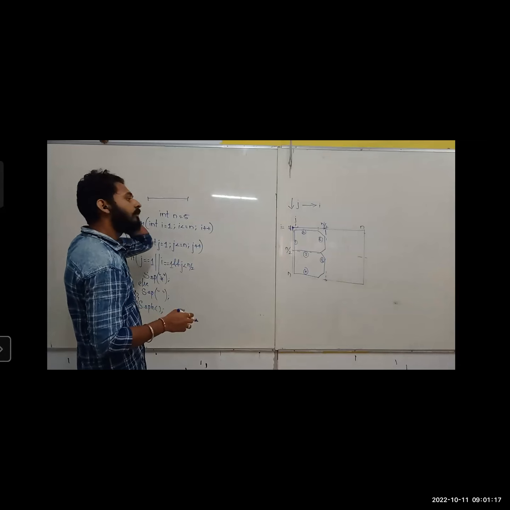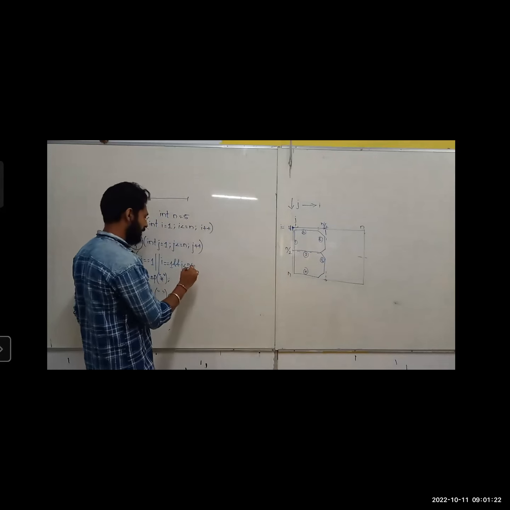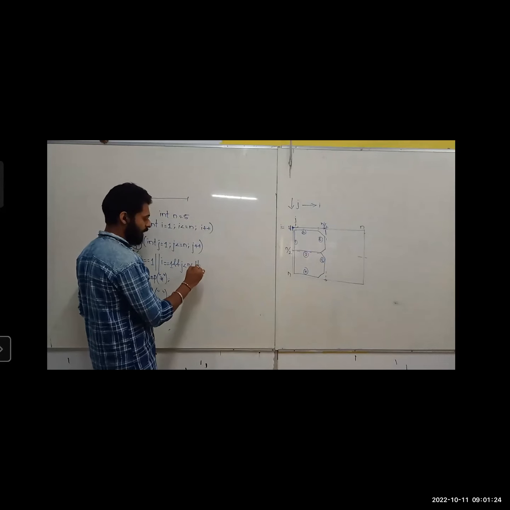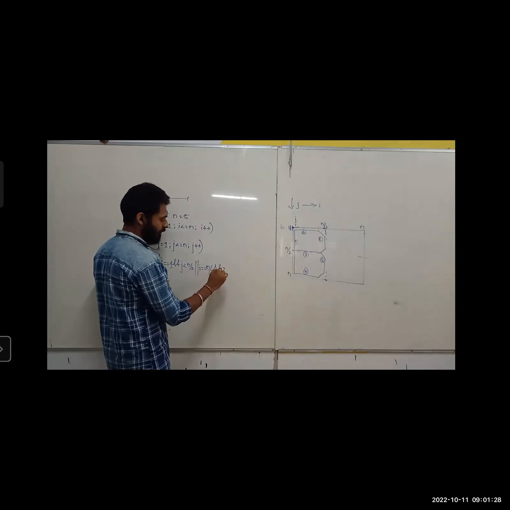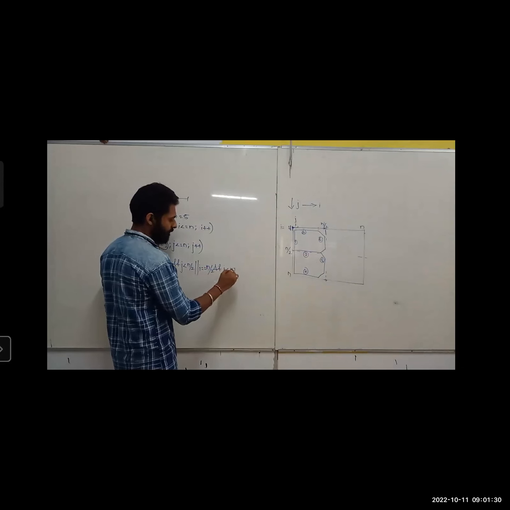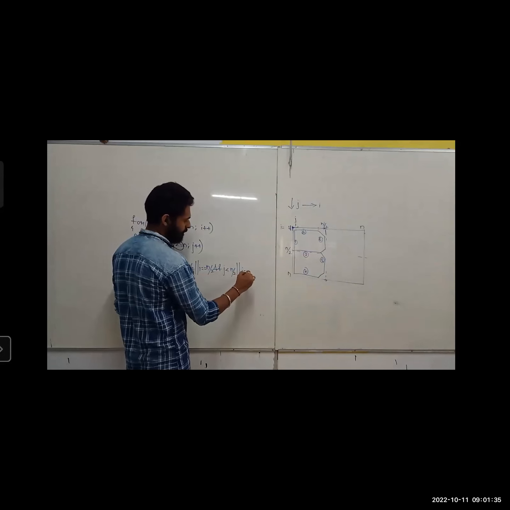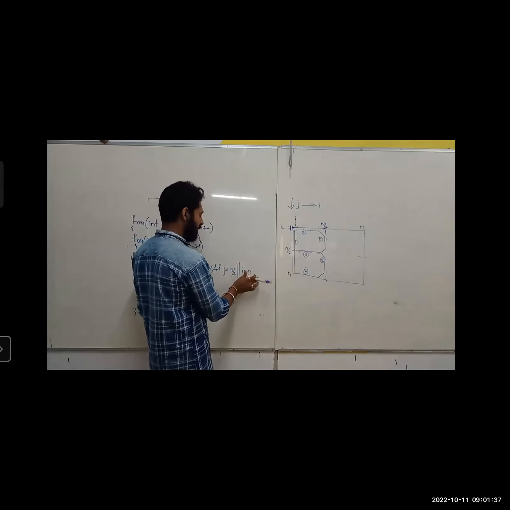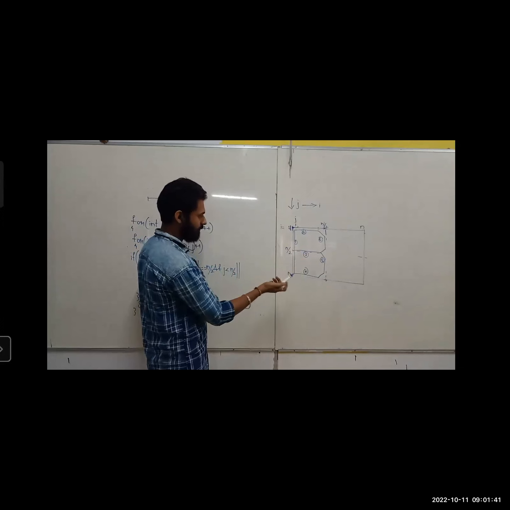Third one is this one. It should be very easy for you by this time. i equal to n by 2 and j should be less than n by 2. Okay, the order will change. Sir, sorry for the interruption.